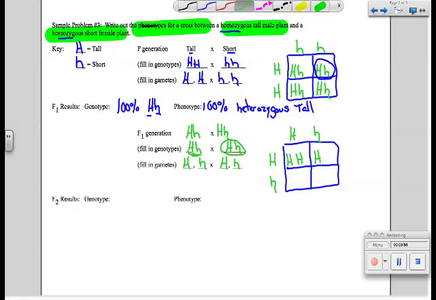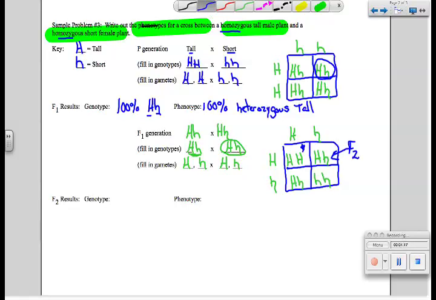Remember, the capital letter always goes first by convention. And let's take a look at the results. Let's start with this box right here. What does this offspring look like? Recall that these are now the F2s, the products of crossing in 2 F1s.